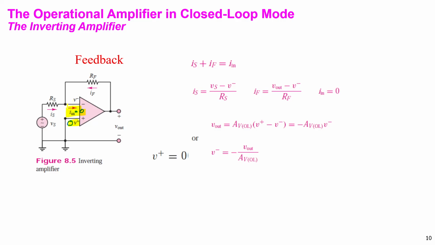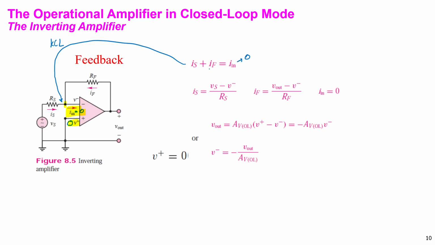So if we take KCL here, I_S plus I_F, we call R_F the feedback, equals I_N, and I_N is 0.